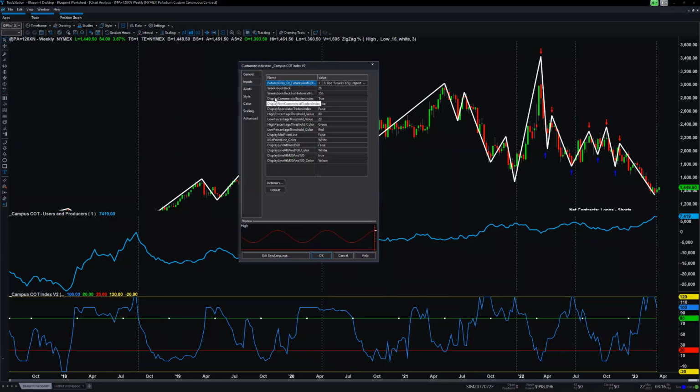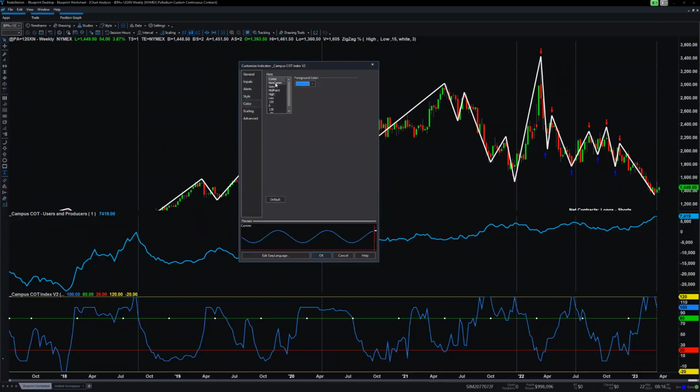Then you could go again into your color here, and then you would see the commercials, the non-commercials, and the specs. So the commercials, you would want them to be blue. Well, at least I have them as blue. And then in terms of the style, you could say, well, how thick do you want the lines to be?